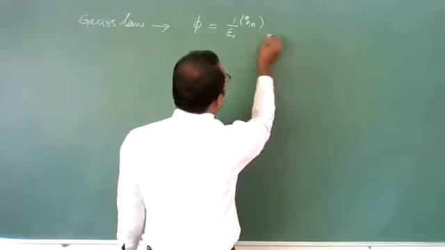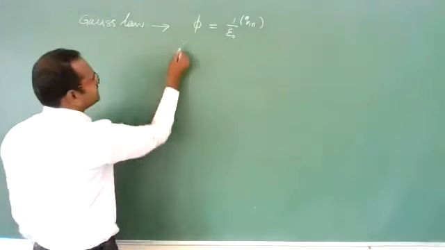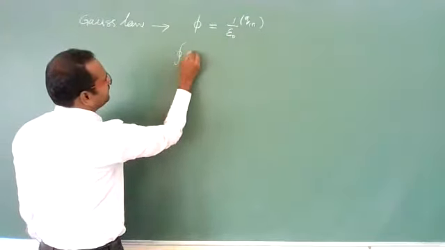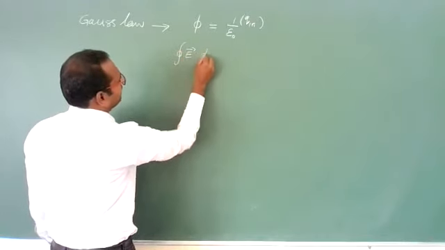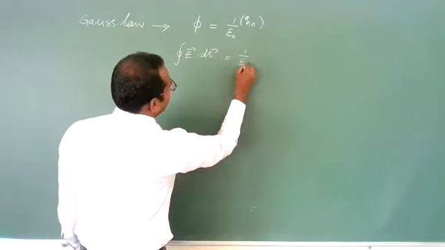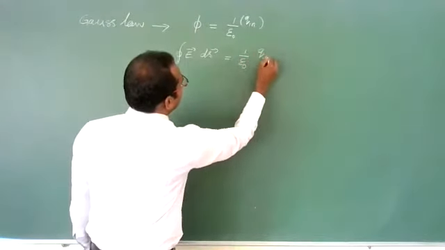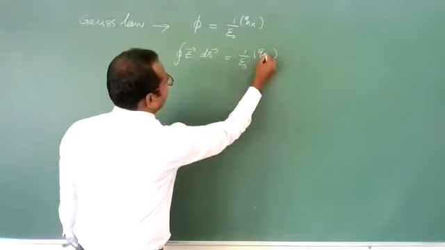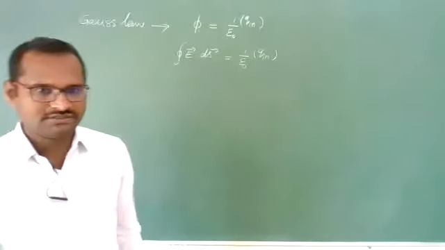Clear? Or it can be written as, this phi can be written as surface integral of E bar dot ds bar is equal to 1 by epsilon naught times the charge enclosed within the surface. Yes, this is Gauss law.